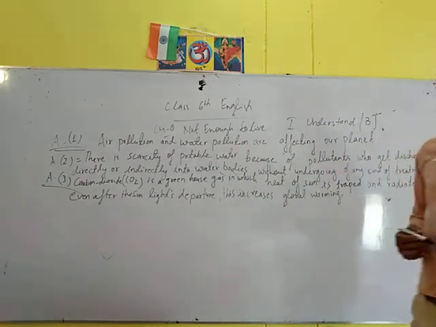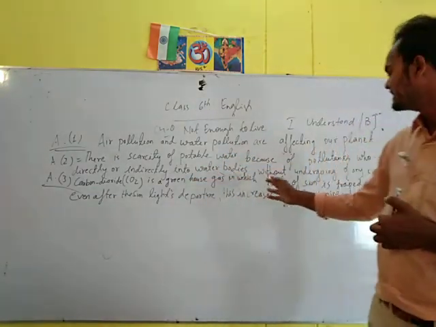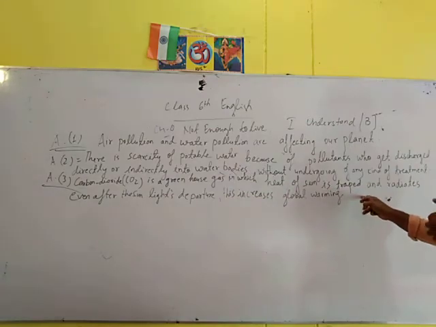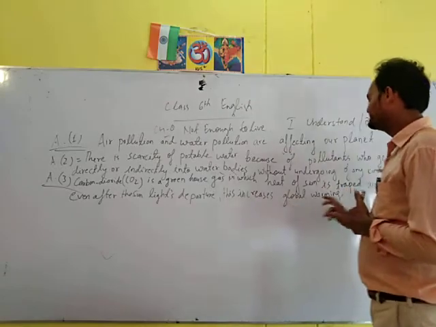So students, what is the answer? Carbon dioxide is a greenhouse gas in which heat of the sun is trapped and radiates even after the sunlight's departure. This increases global warming.